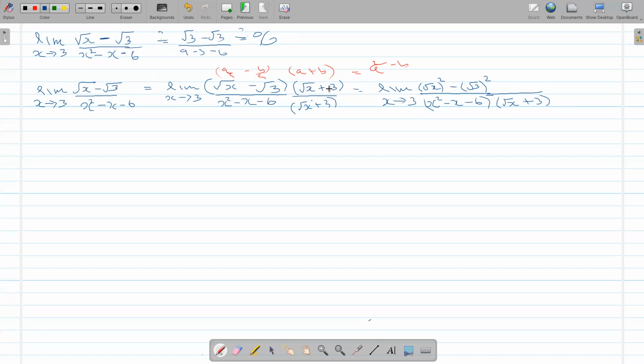Both of them are square roots. Sorry, I don't know why I forgot that. So you multiply top and bottom by the same term. This is square root x plus 3, and this is x plus 3. But these two you can combine.